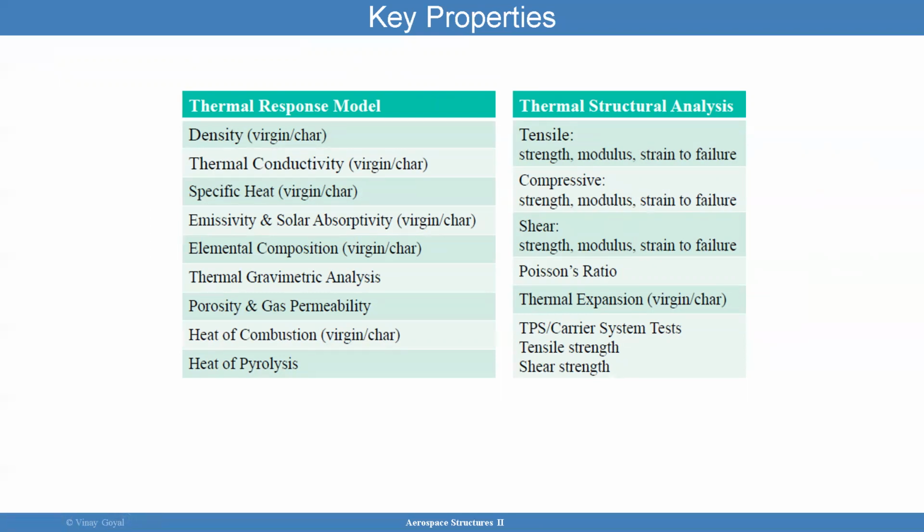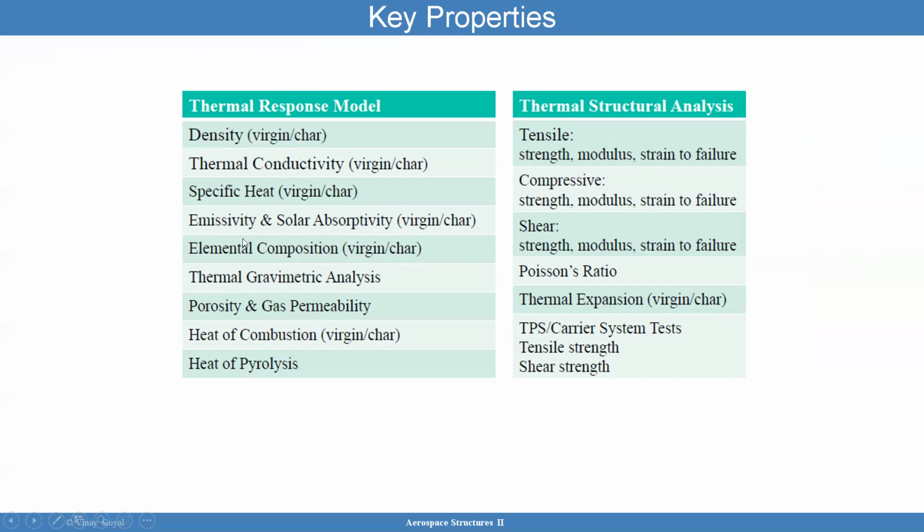You have the elemental composition, the virgin and char. You have the thermogravimetric analysis. And then you're going to have to also simulate the porosity and gas permeability. You also have to have modeling that looks at heat of combustion and heat of pyrolysis.